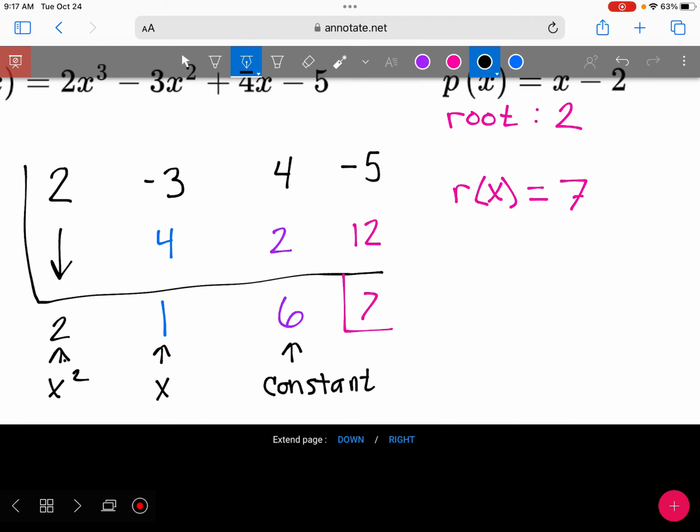So to write our q of x as an equation, we're going to have 2x squared plus 1x plus 6. The synthetic division gives us the coefficients of our quotient. The easiest way to figure it out is to start this way and work this way: constant, x, x squared. And if it kept going, we'd have x cubed, x fourth, x fifth. So just go right to left, and it's constant, and then it keeps going up by exponents.